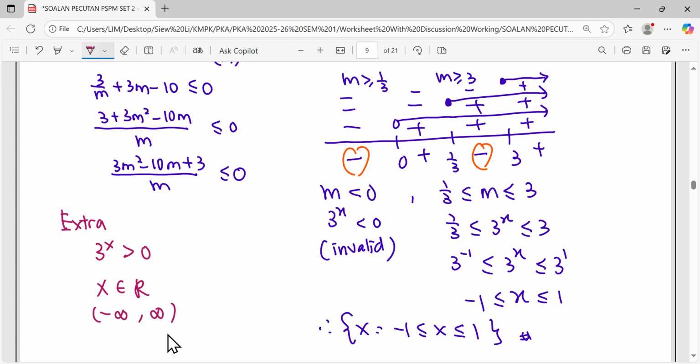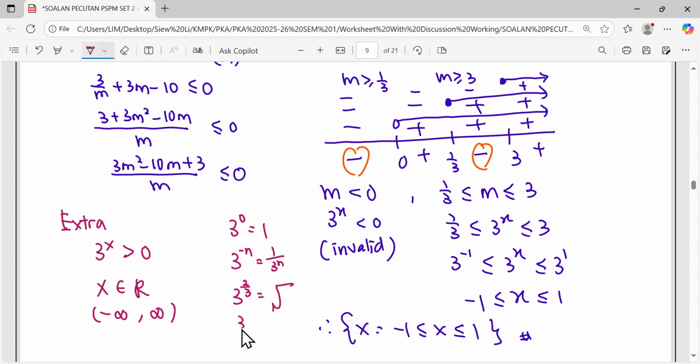Seperti saya kata statement tadi, when we power something, it is always more than 0, betul tak? From tadi saya terang macam mana, if I power 0, I get 1. When I power negative, I get a fraction. When I power a fraction, I get roots.